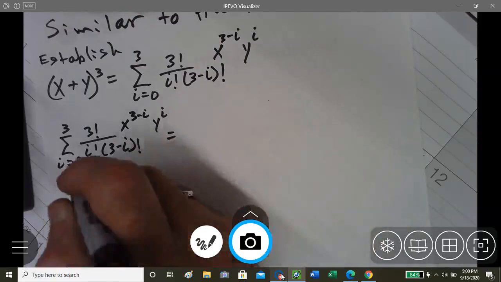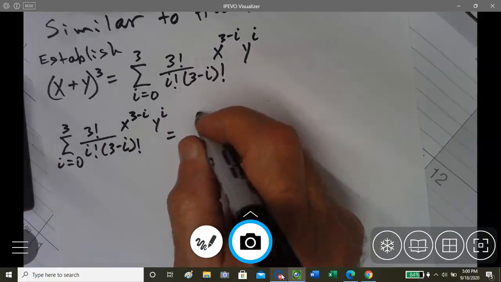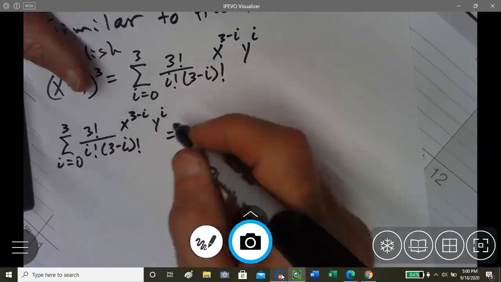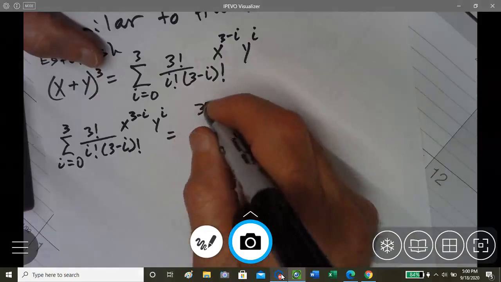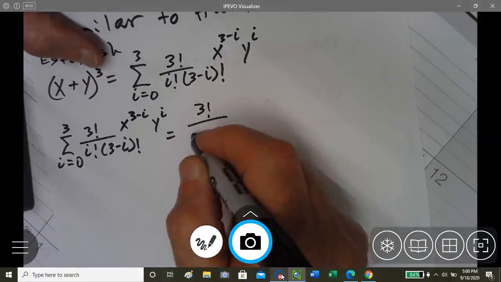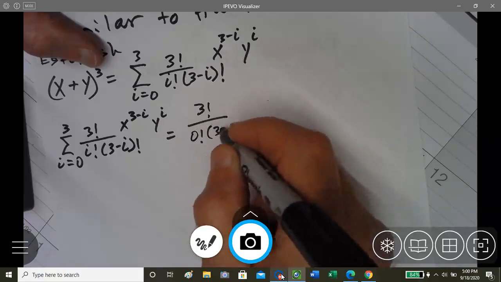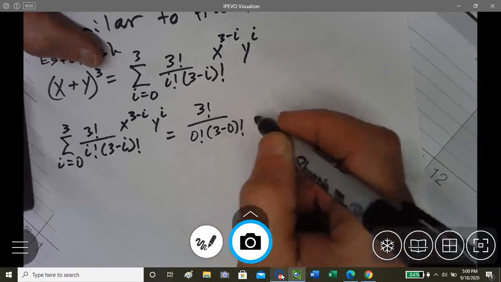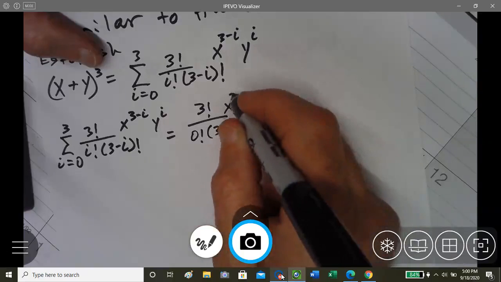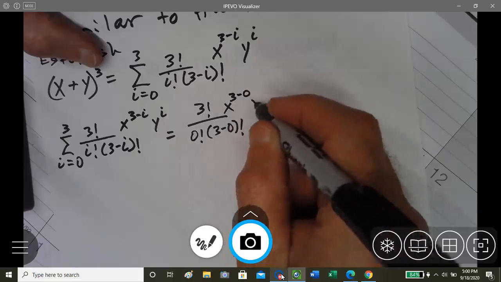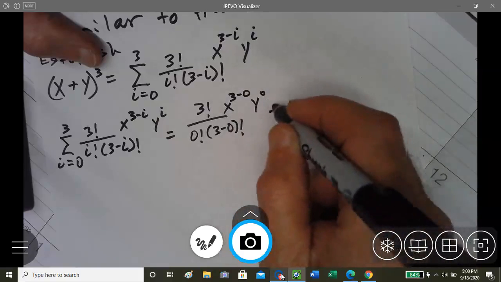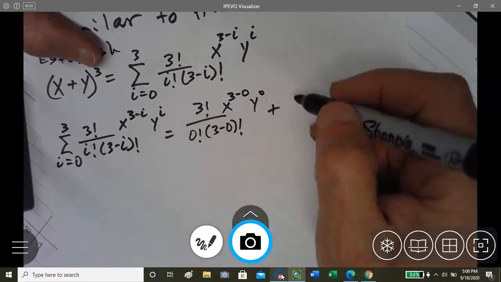So we're looking at 0. Wherever i is, we put 0. So this would be 3 factorial over 0 factorial times 3 minus 0 factorial, x to the 3 minus 0, y to the 0, plus, now we're doing 1.